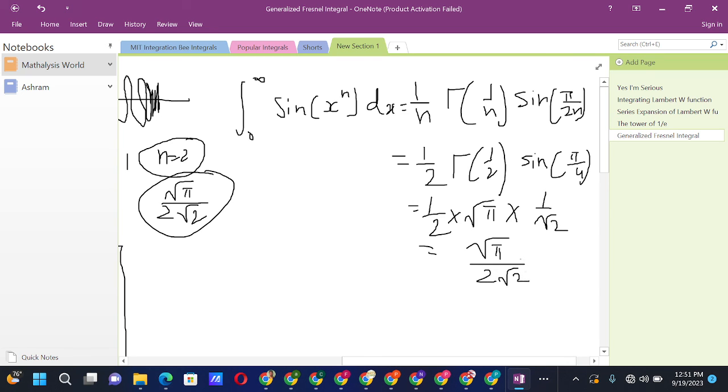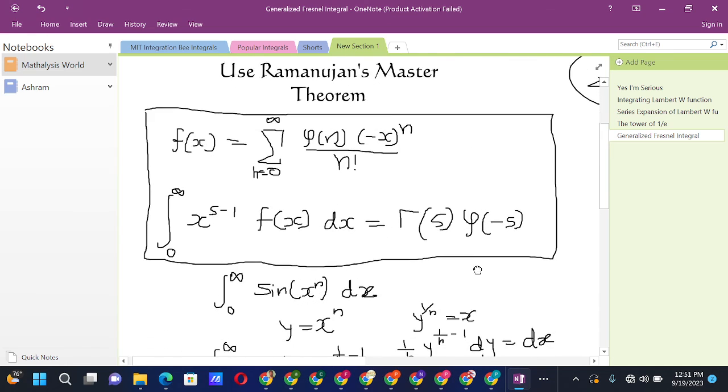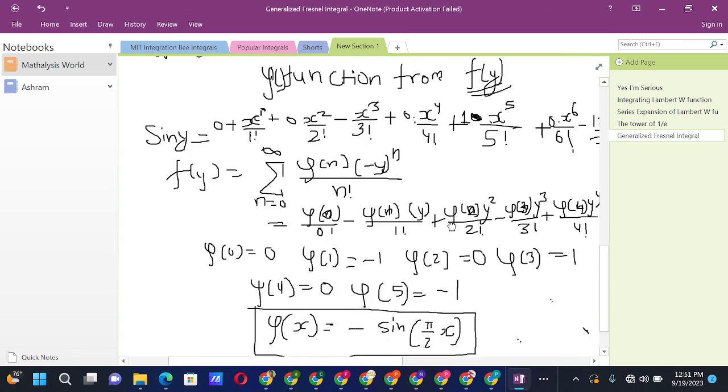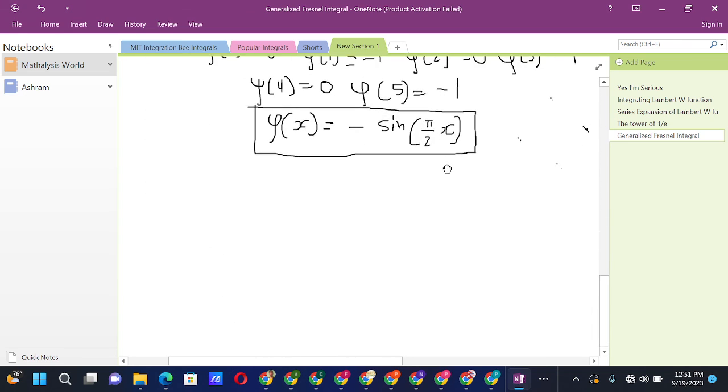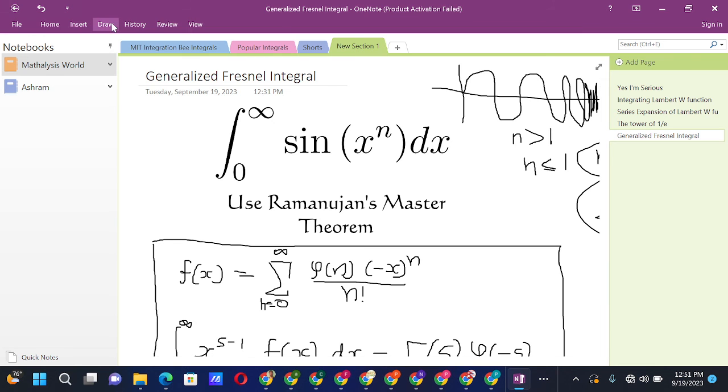So you see this is in fact true, because we haven't done anything wrong. Okay, so we have solved the generalized Fresnel integral by using Ramanujan's master theorem. I hope you got how to apply Ramanujan's master theorem as well. And I give you an assignment to try.